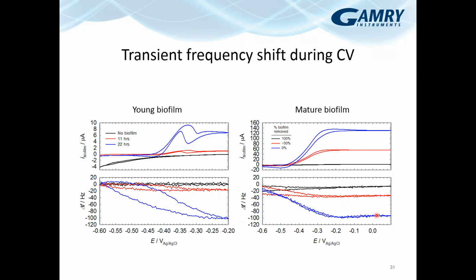Because if your film goes from collapsed and more rigid to more open and more porous, you tend to see more of an elastic change, or a change in the structure of the film. This is not known quantitatively. I don't know if anybody has really looked at this beyond just looking at the frequency shift data.